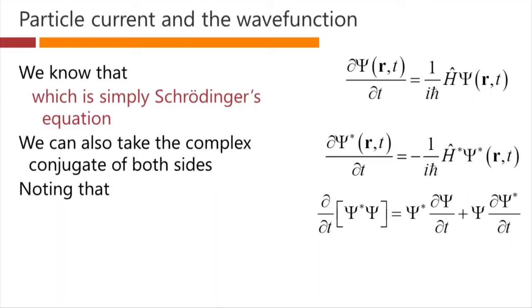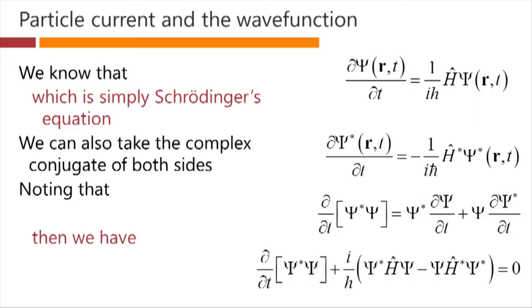Now, of course, the time derivative of the product of two functions like this, we can split into the usual two parts. It's psi star times d psi by dt plus psi times d psi star by dt.